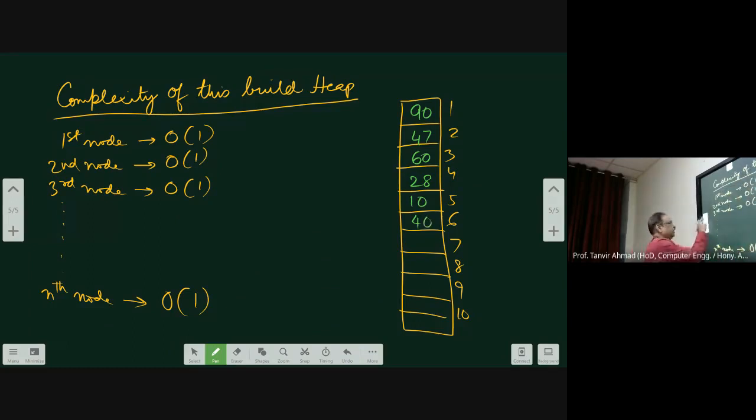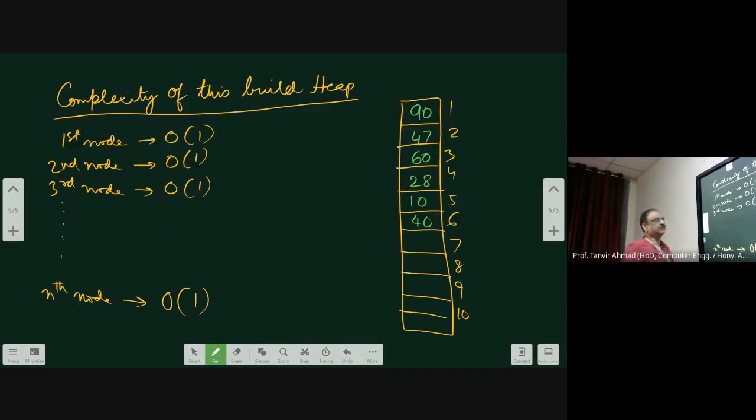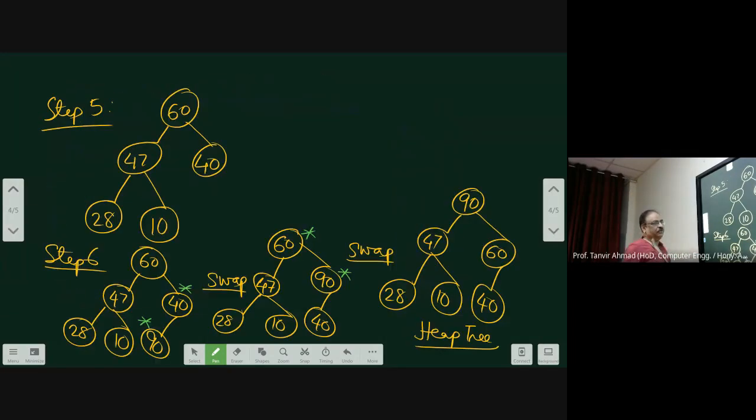Okay, now let's check these numbers. 90, 47, 60, 28, 10, 40, and this will be stored like this. Now, if I want to store the next element, I will store it at this place.